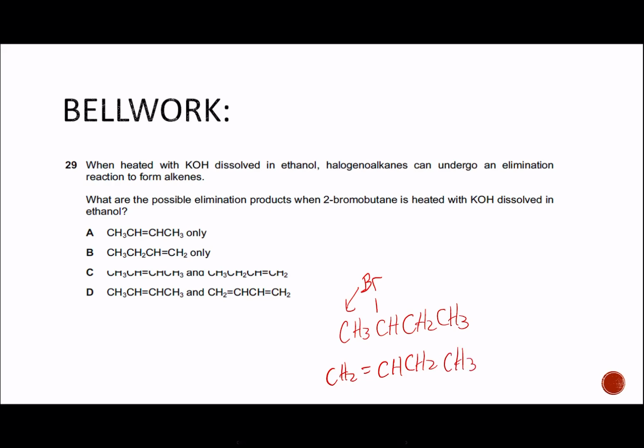And you've got the opportunity to put the double bond in the other direction between carbons 2 and 3. So you could have CH3, CH, CH, CH3. And so the proper answer would be C, because these are the possible elimination products. And in this choice, they didn't even give you that third option of having the cis variant versus the trans variant.